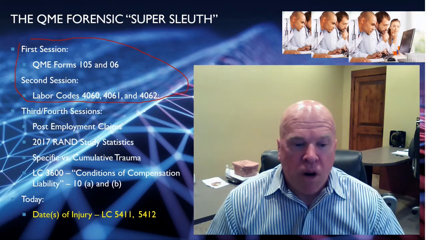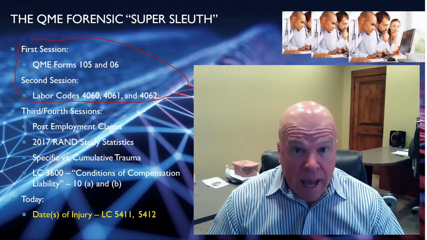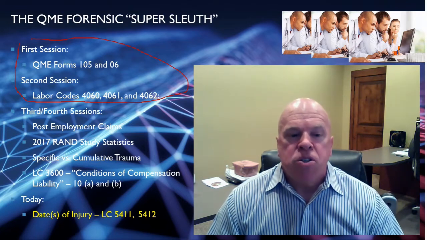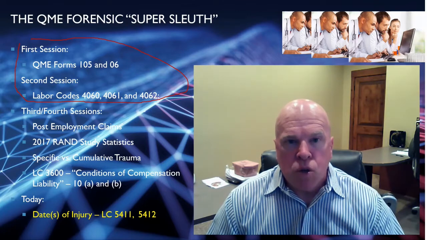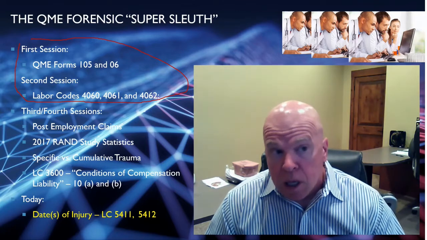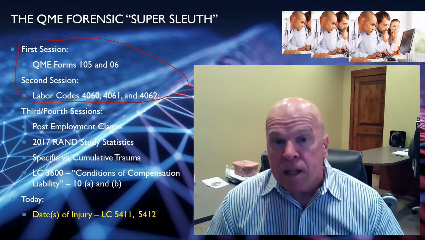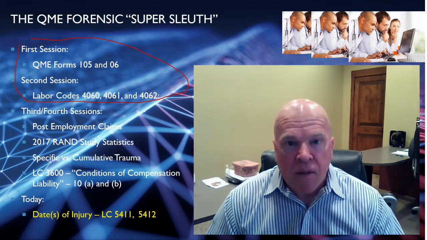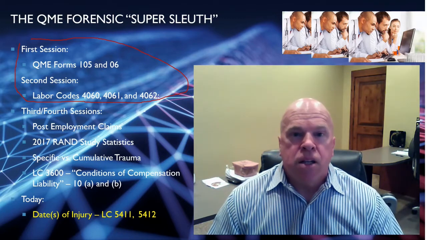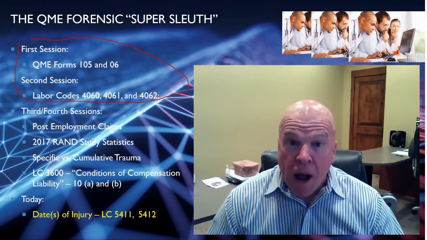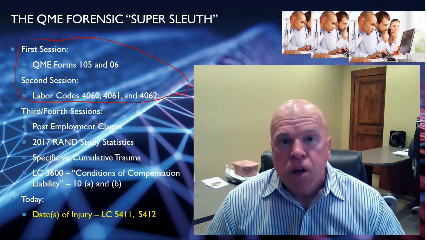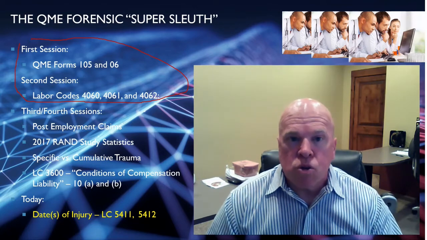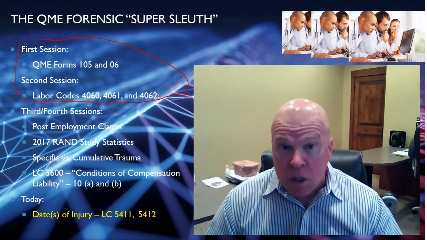And we went over Section 10A of Labor Code 3600 and Section 10B, and both of those had to do with situations where it appears that in all actuality, the employee may have actually suffered an industrial injury prior to his or her separation with the employer. So these exceptions represented those circumstances wherein the claim was legitimate.